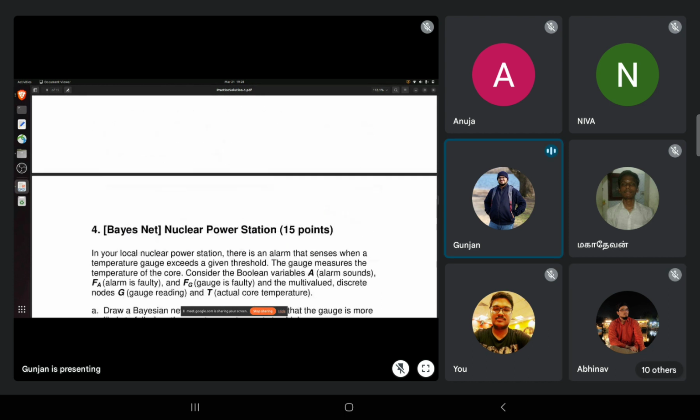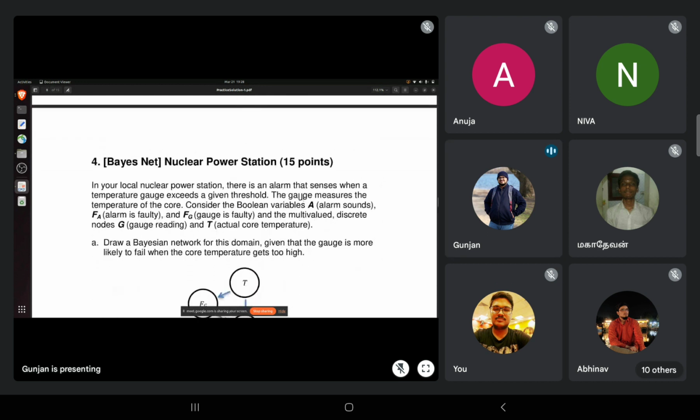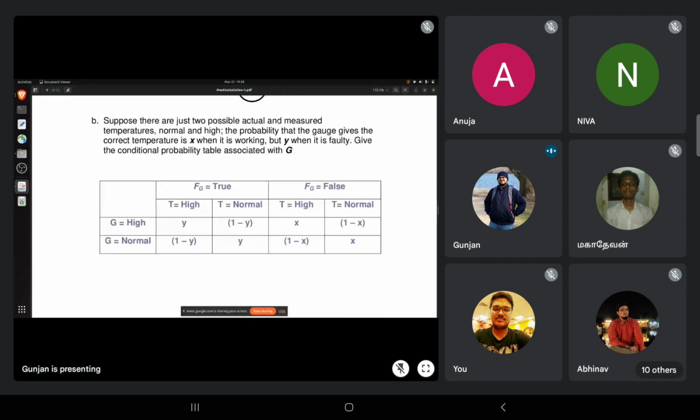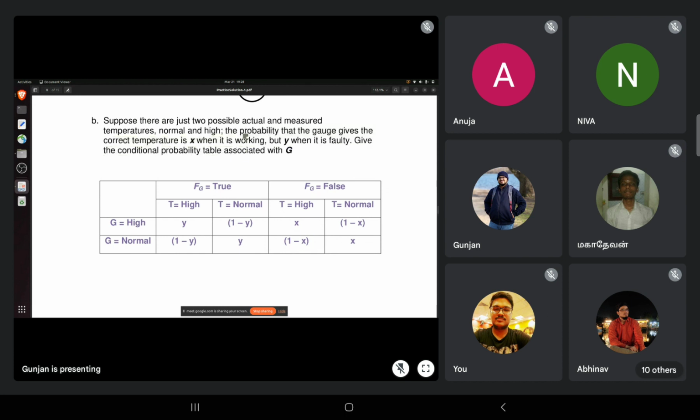In the question it says the gauge is more likely to fail when the core temperature gets too high, and G is the gauge reading. I think for normal, when the gauge is normal and temperature is normal, then it is X. That is there, right?